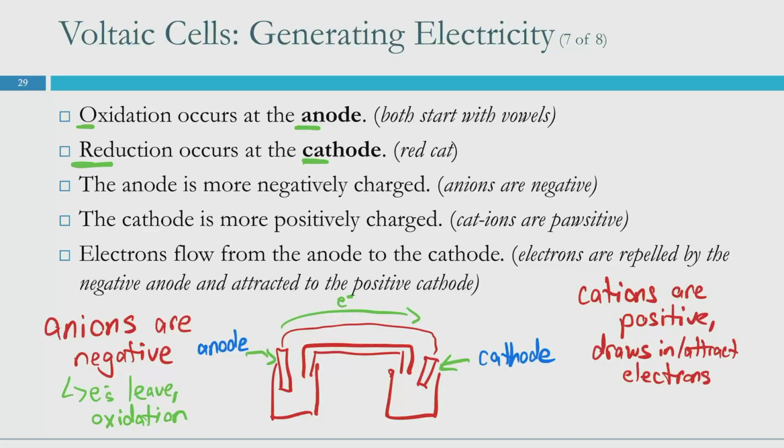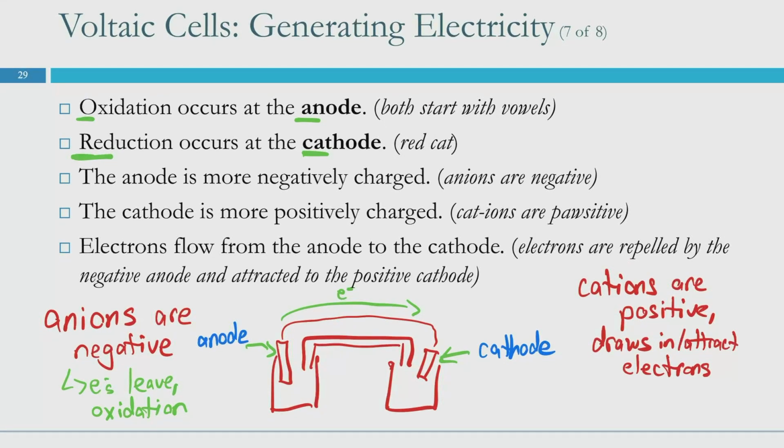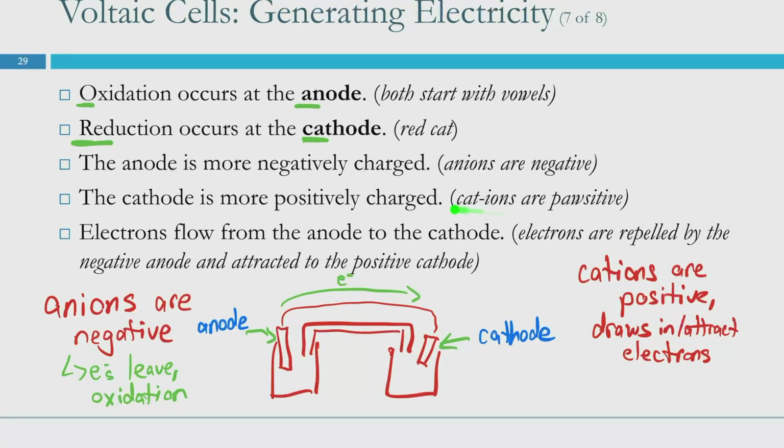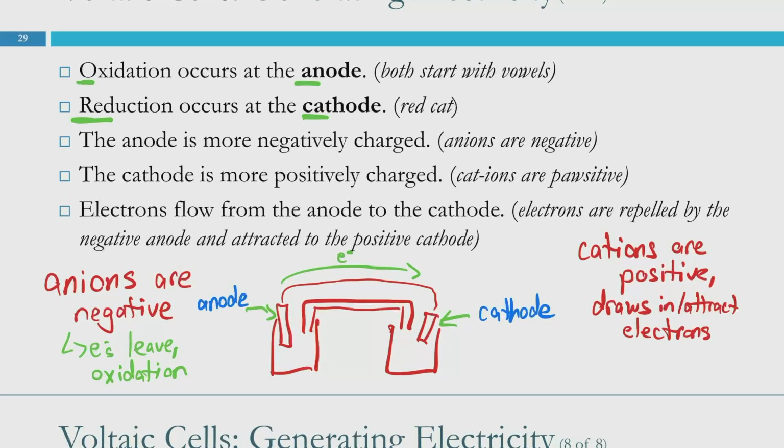And it will be important to know all of these terms, because you'll almost certainly have to draw out a voltaic cell diagram on an exam. And then one of the other fun, it's not really a mnemonic, I think, but cations are positive.